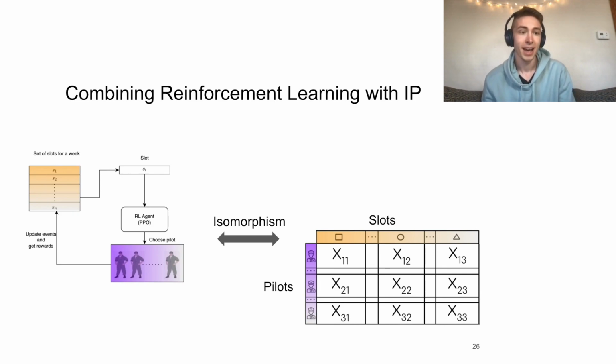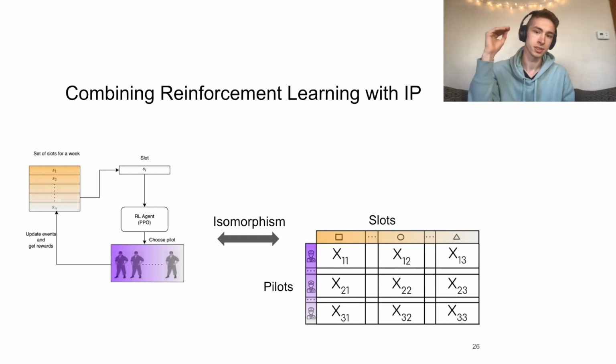This matches exactly the time space of the reinforcement learning solution. Furthermore, the pilots used in our decision variables in the rows, as visualized in this matrix, correspond exactly to the action space within our reinforcement learning solution. So it makes sense that there would be a parallel structure because it's used for the same problem, but we can utilize this parallel structure to transfer knowledge between the two methods.